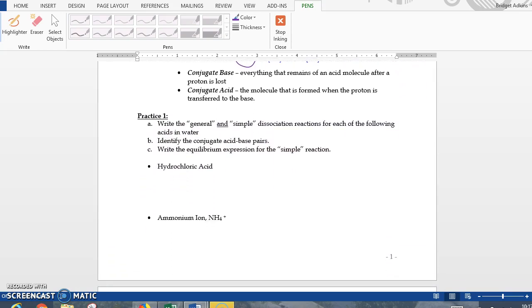So for hydrochloric acid, we're going to put them in water. And we're going to have a single arrow on hydrochloric acid. This is not an equilibrium because this is a strong acid, right? So it's going to make Cl minus, the H plus goes to the water and makes H3O plus. If we wanted to do the simple, we could just say HCl forms H plus and Cl minus.